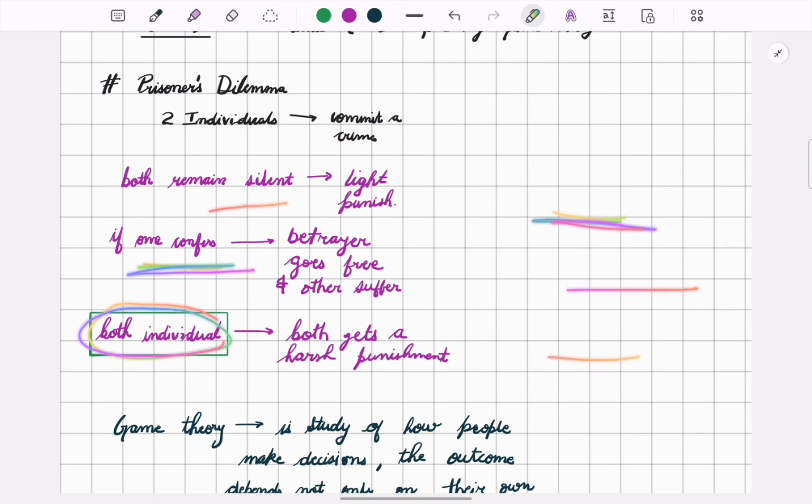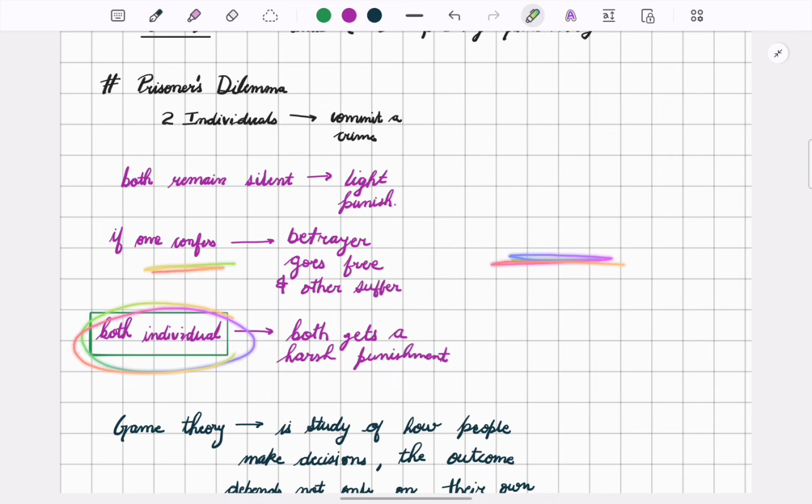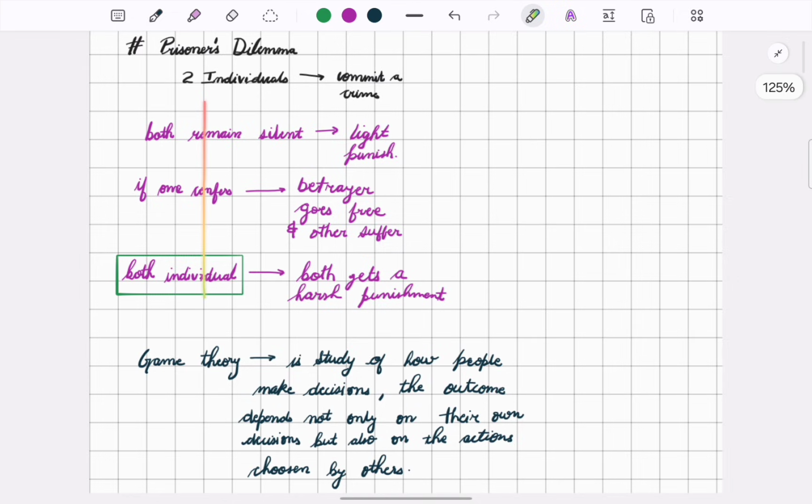For example, if individual one has chosen to confess and the other player remains silent, he will end up at this outcome. But if he confesses and the other player also confesses, both individuals are going to end up at this outcome. So the outcome does not depend only on the choices of individual one, it also depends on the choices of the other individual.